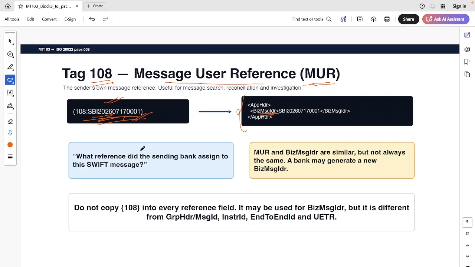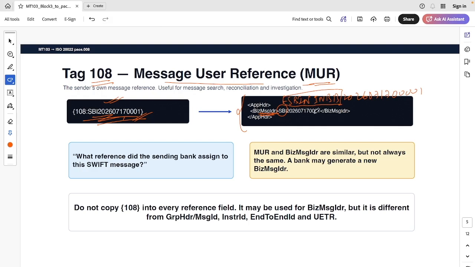For example, your business message identifier could look something like SBIN, then INBB 2026 071 7000001. Here we are seeing SBI only, but it displays the BIC code of that particular sending bank.